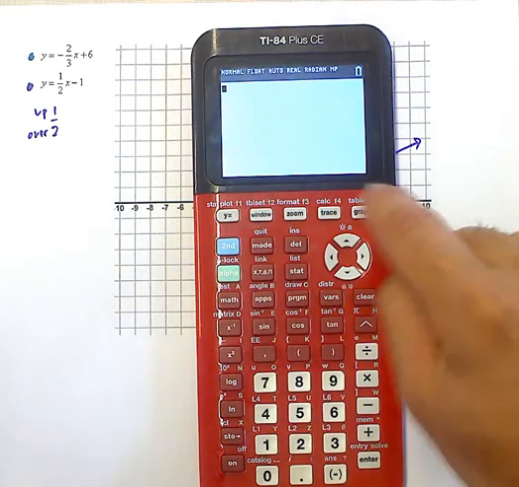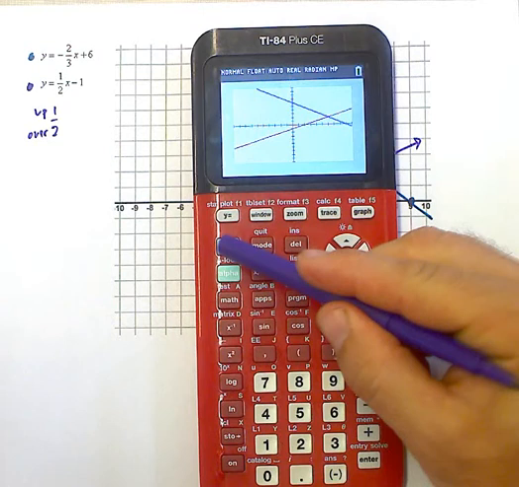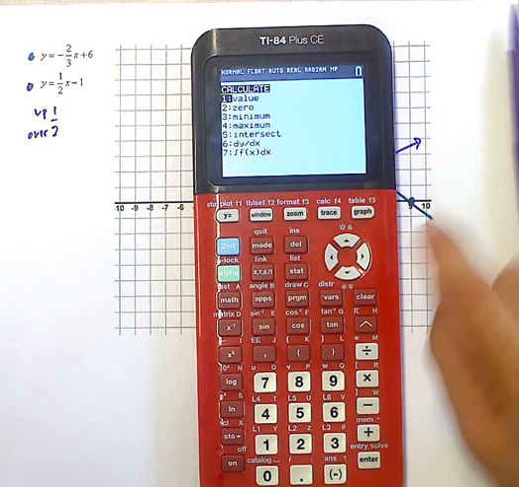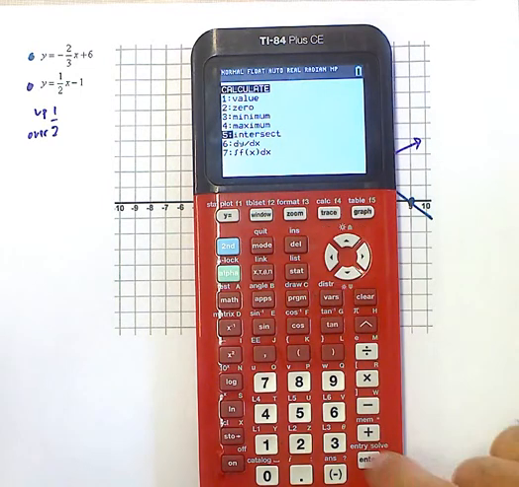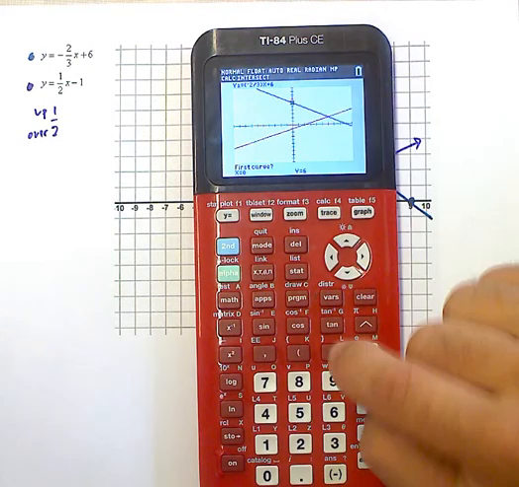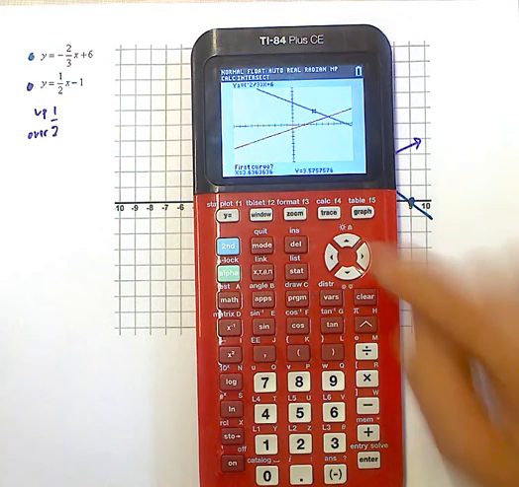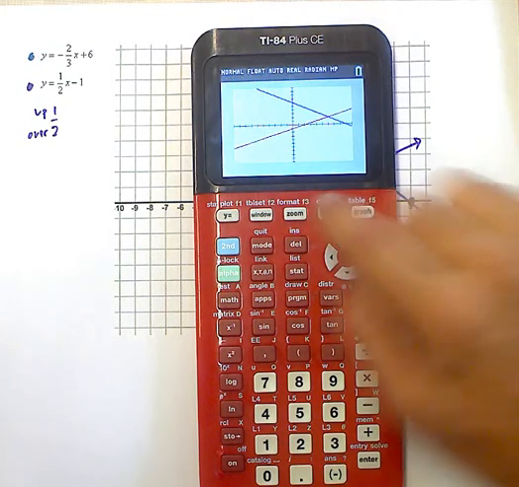What this calculator would do for you, let me show you that again. If I hit second, and then there's this word here, calc, it'll actually tell me my intersection. I could use the intersect function. And what it'll do is tell me to pick this first curve. So I'll move the cursor to be a little left of the intersection.